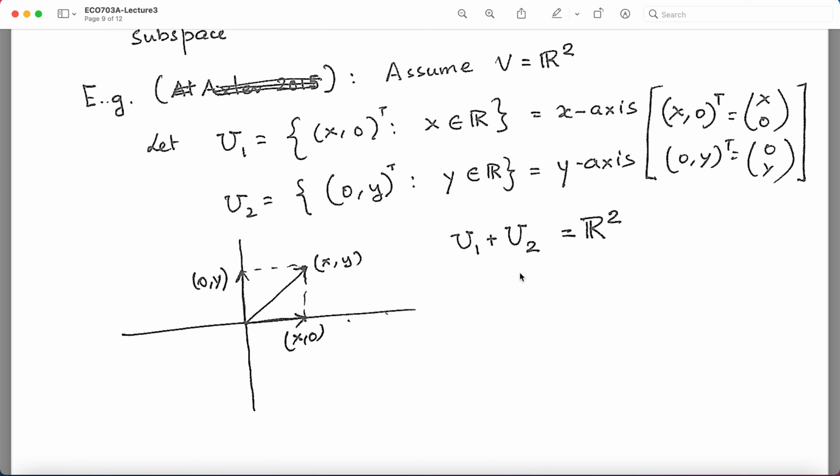There cannot be any two other vectors u1 dash and u2 dash belonging to capital U1 and capital U2 such that w is u1 dash plus u2 dash. It is not possible. Then we say that U1 plus U2 represents a direct sum, or rather R2 is a direct sum of U1 and U2. So, R2 in this case is the direct sum of the x axis and y axis.